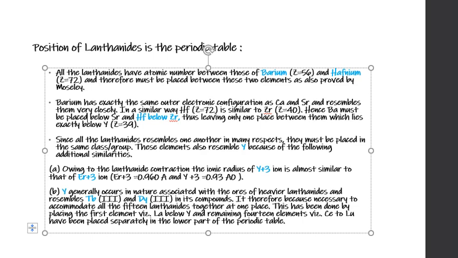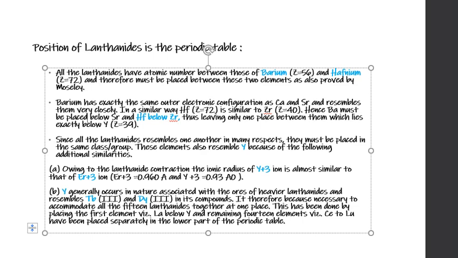Owing to lanthanide contraction, the ionic radius of Y3+ is almost similar to Er3+. Yttrium generally occurs in nature associated with the ores of heavier lanthanides and resembles many other lanthanides and their ions. So they are placed together below the periodic table, in a separate position.